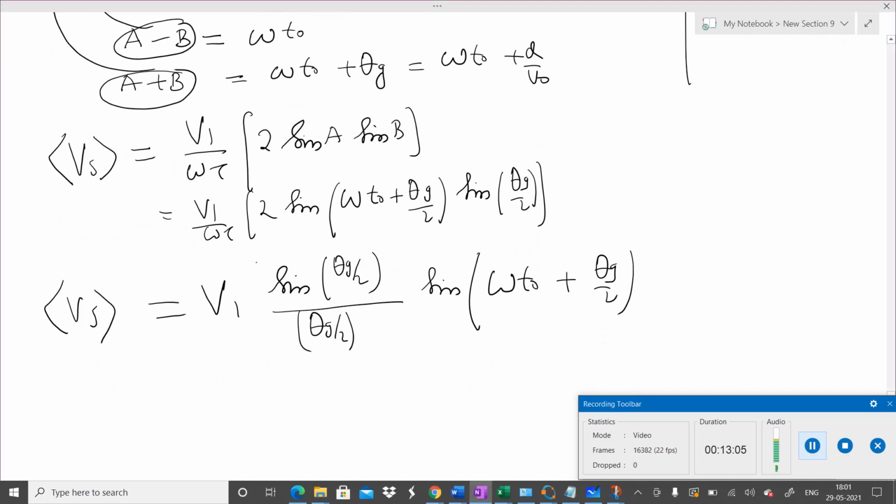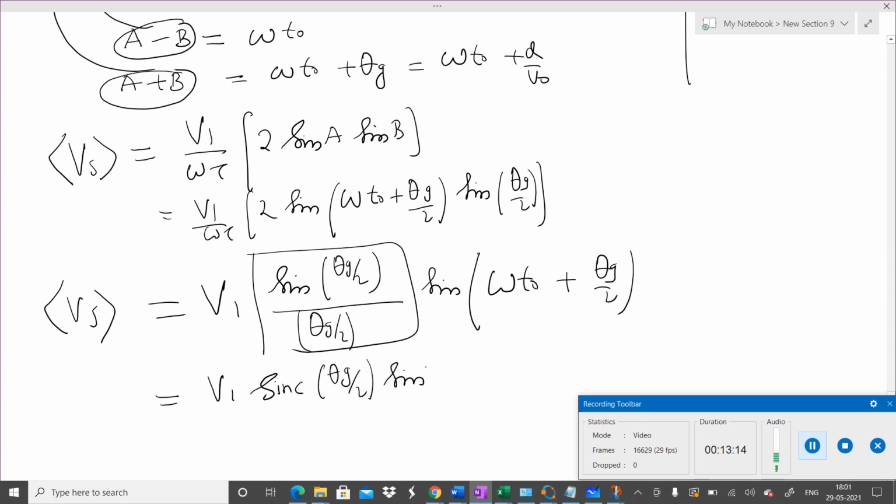As you can note, you can also write it as V1 sinc of theta g by 2 times sine of (omega t0 plus theta g by 2).